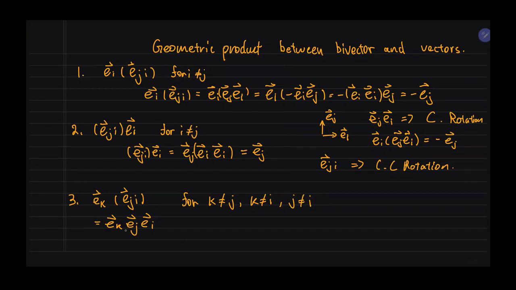When we take this geometric product, you will get something called a trivector, that we are not going to talk too much about in this course. But it is very important that in general, this is not how you do a rotation, which we will talk about later.